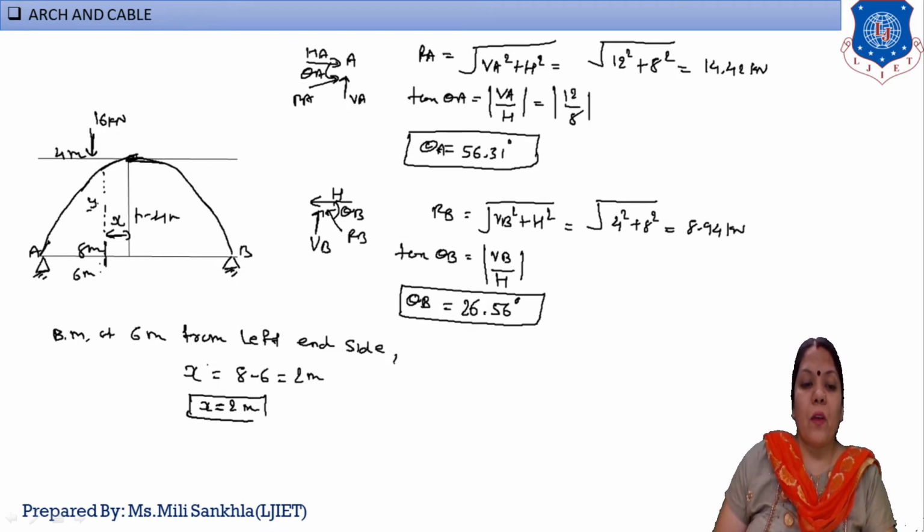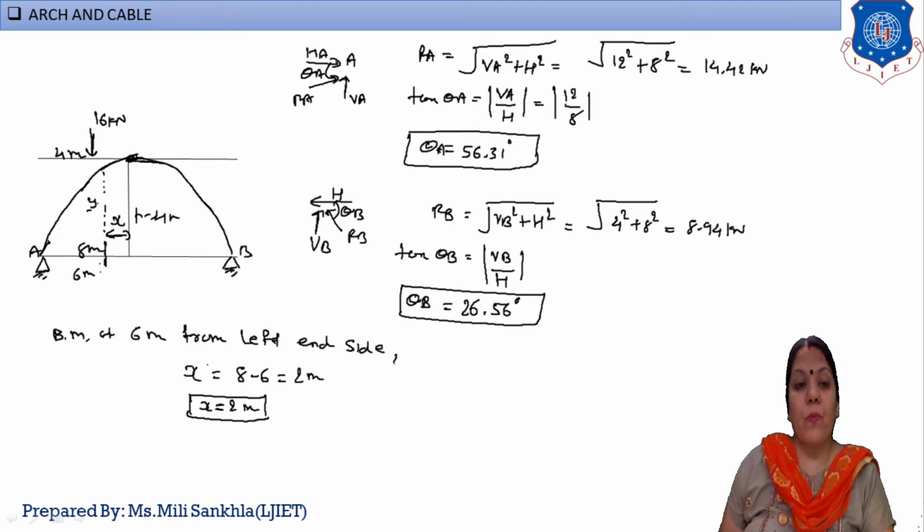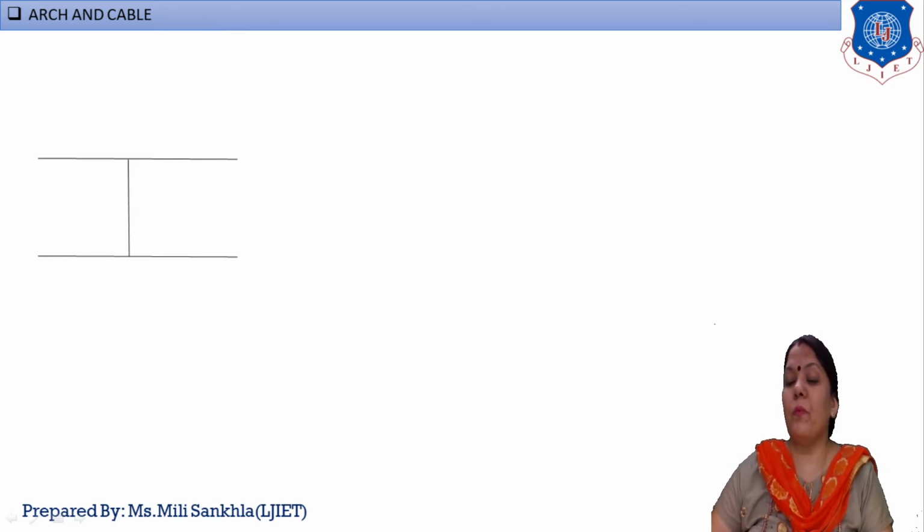Now next, okay, again complete this figure. In this figure circular arch is given. First of all draw this.